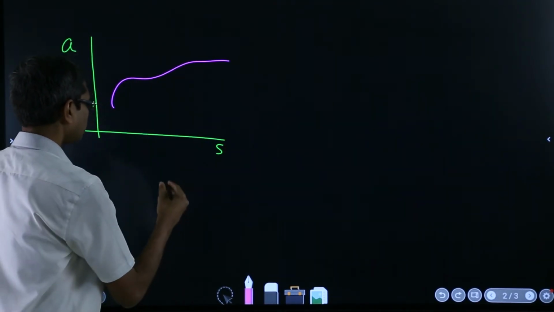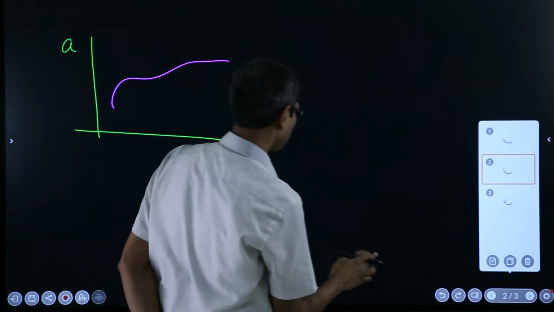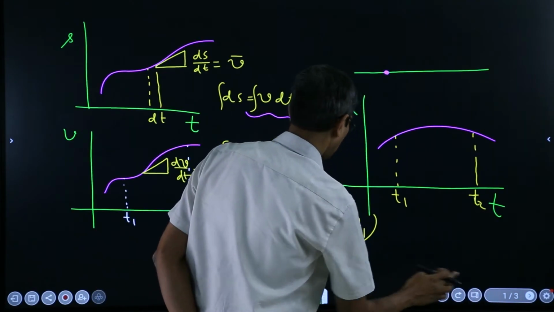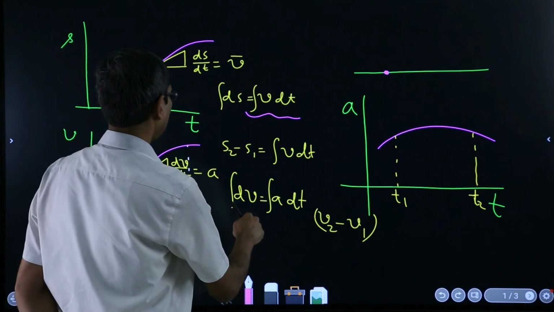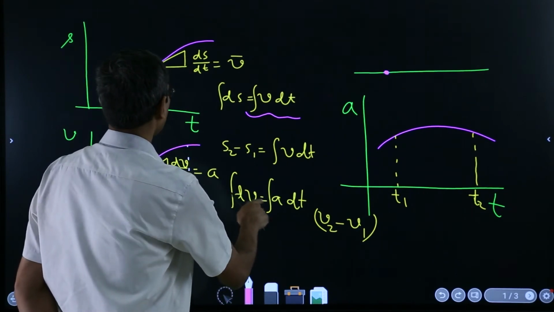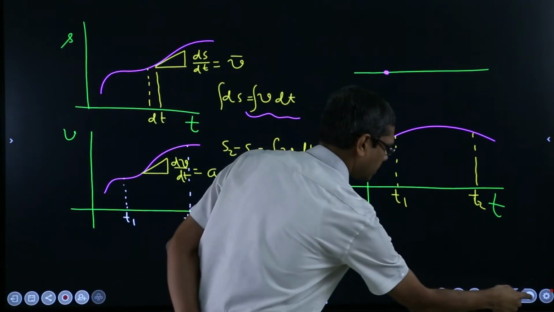See here, in the previous case we wrote that A is dv by dt, right?